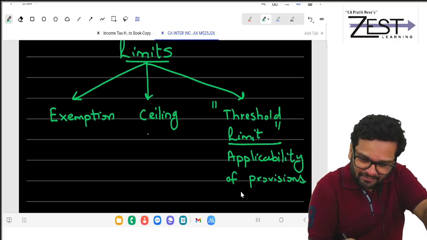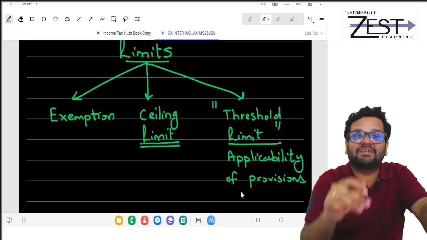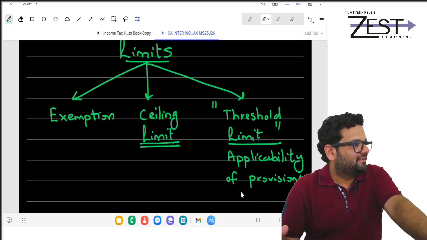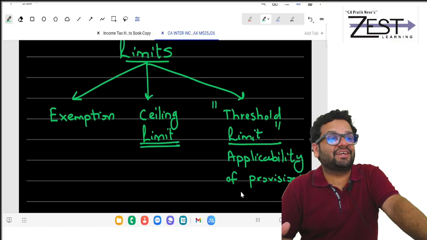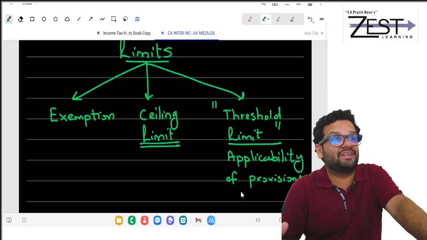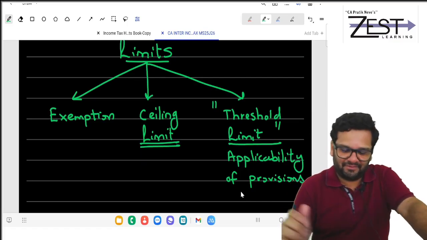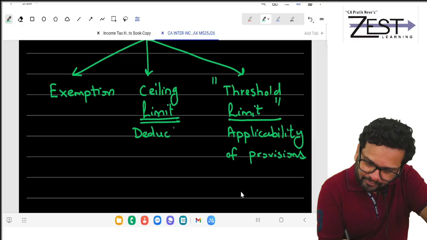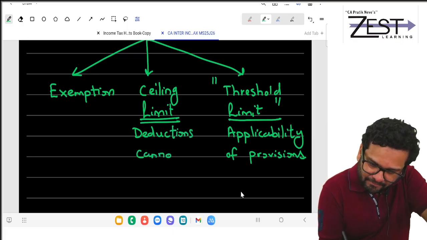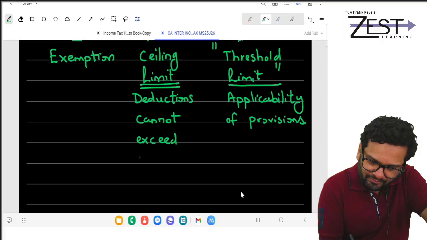Ceiling means what? Ceiling limits are mostly applicable where deductions are to be given. Means your particular deduction cannot exceed so and so amount. That is called a ceiling limit. So these are basically deductions that cannot exceed this.